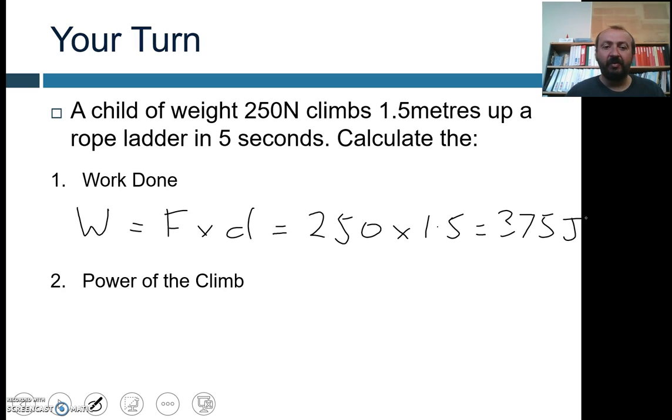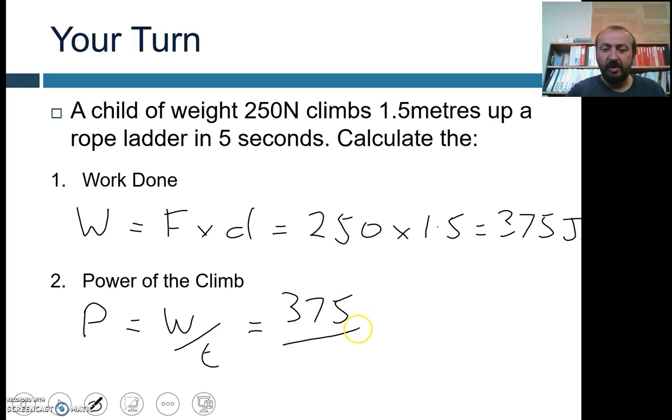Now the power of the climb is the rate at which work is done, so it's the work divided by the time taken to do this task. So this is our 375 joules divided by 5, and that equals 75 watts, or 75 joules per second.